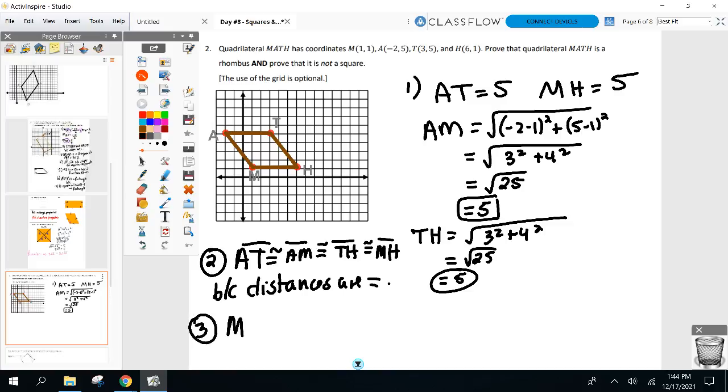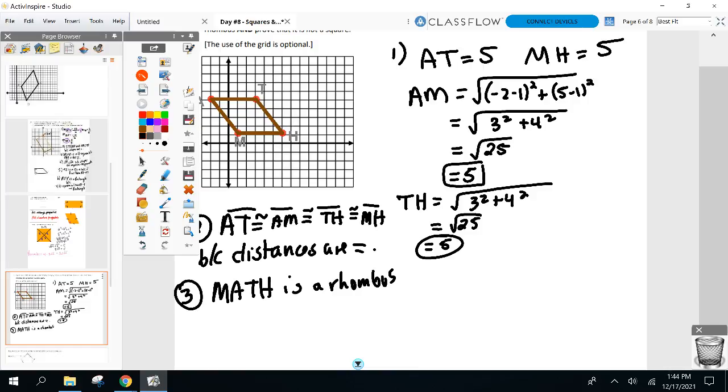Okay, MATH is a rhombus. Why? Because? Okay, fine with me. All sides equal, all sides congruent, whatever. Rhombus is nice, huh? So is parallelogram. Rectangle is the one we got to work at.